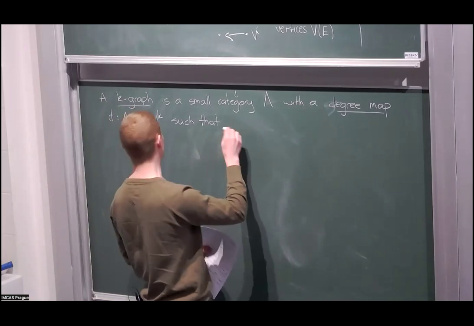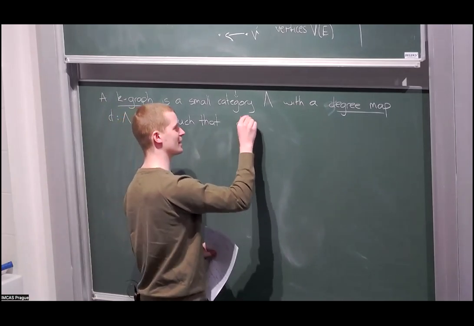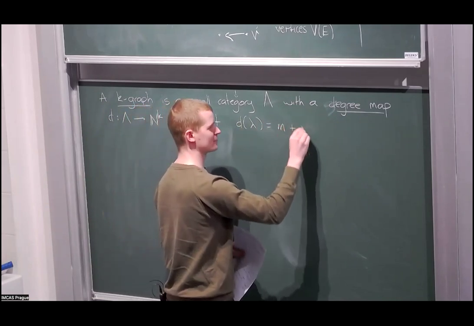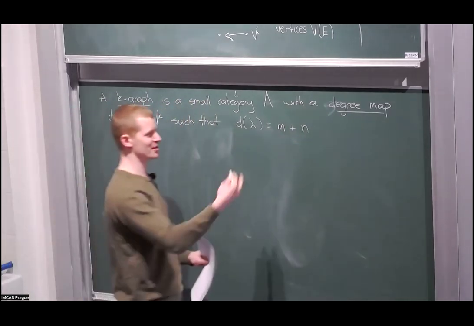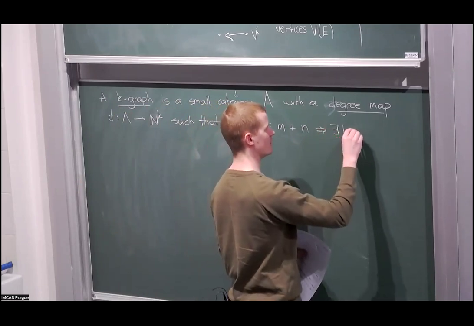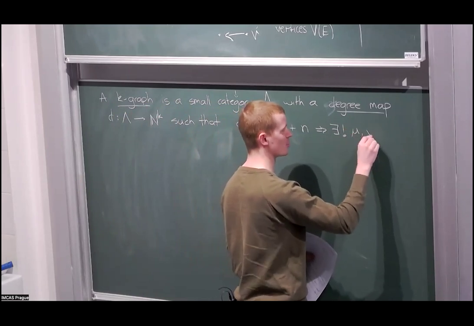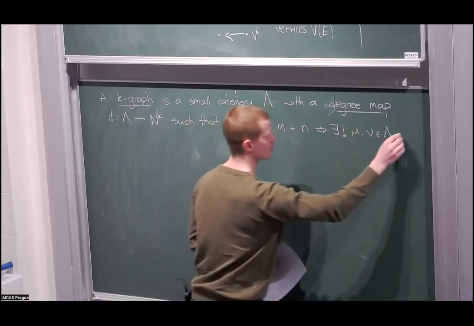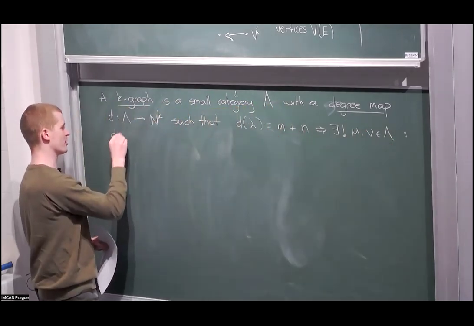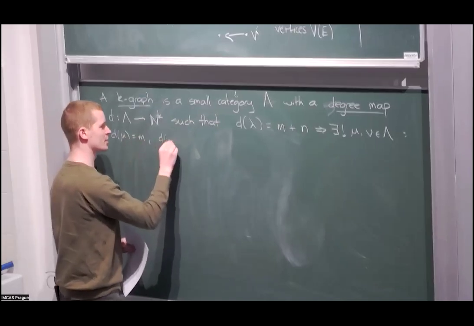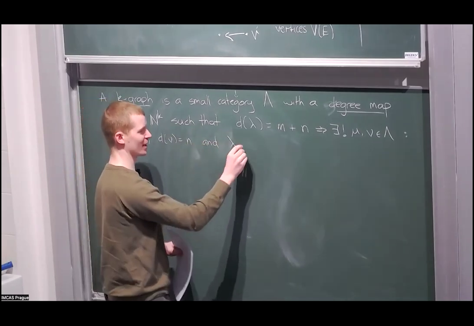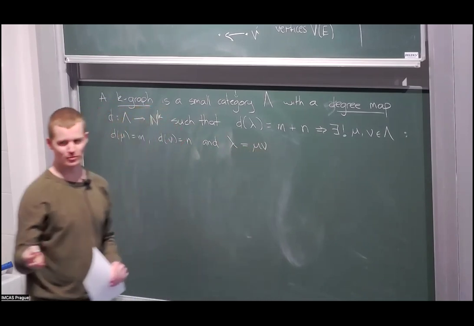What I mean by that is if I take some element in my category, compute, and see that its degree is m plus n for some k-tuples m and n, then there are unique elements mu and nu so that the degree of mu is m, the degree of nu is n, and this path lambda that I'm looking at is the composition mu nu.